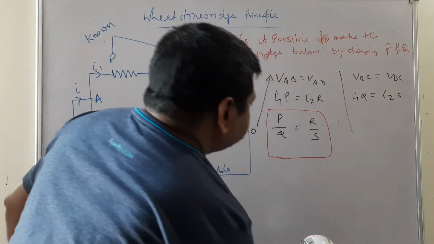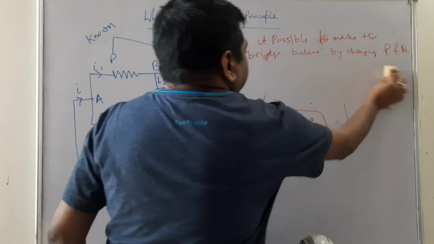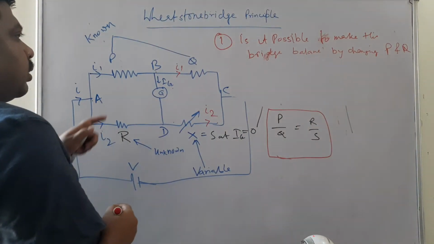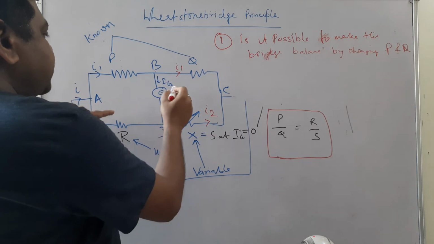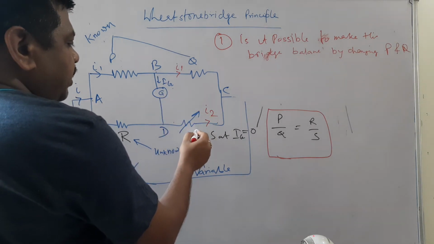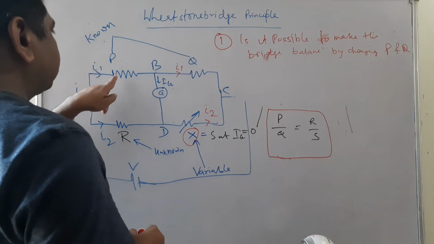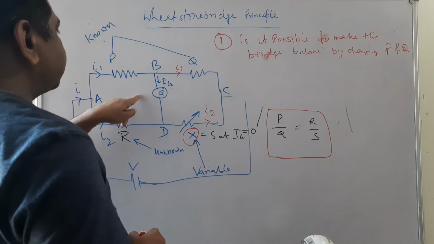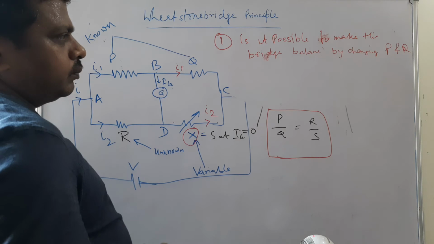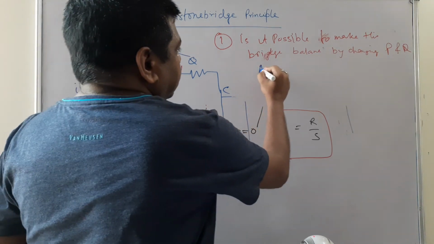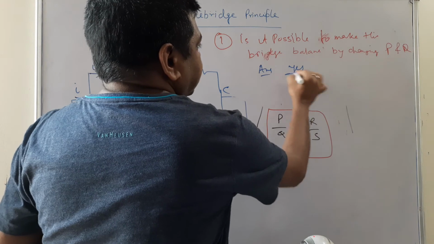Can you answer it? Here I have changed only this X, right. Is it possible to make this bridge balance by changing P and Q? The answer is yes.